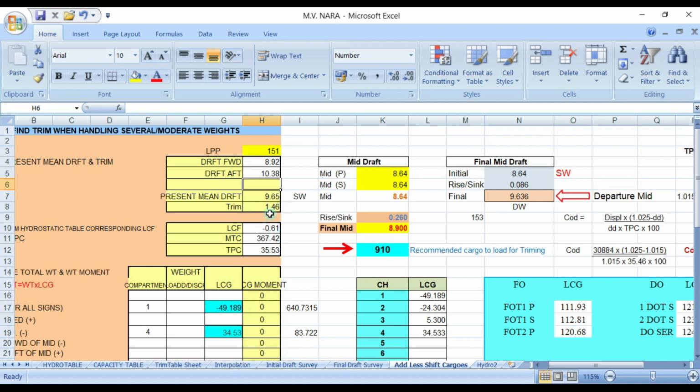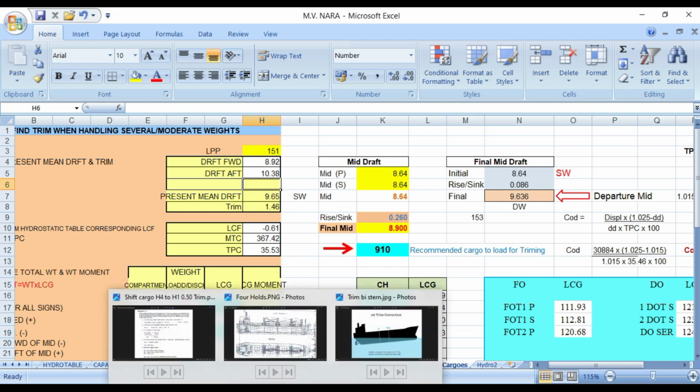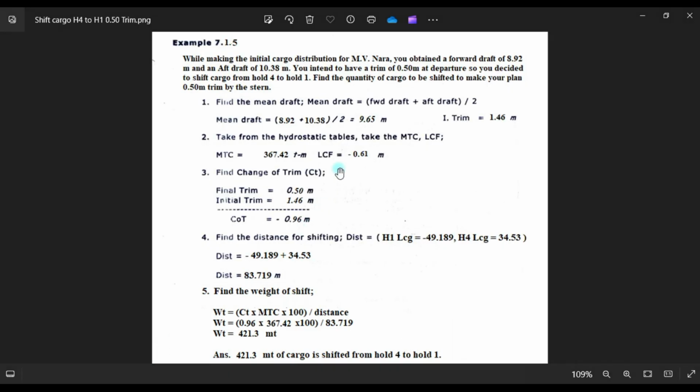Trim is 1.46 and the MTC is 36742, and LCF is negative 0.61.